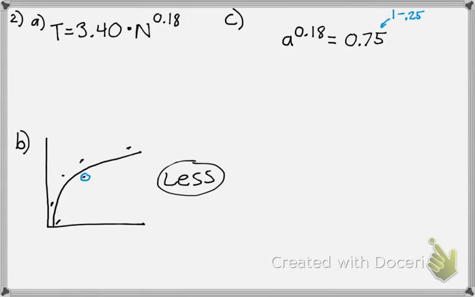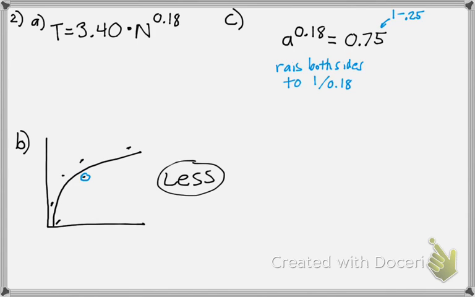So then I really want to solve for what I'm decreasing it by, sorry. So I want to raise both sides to 1 over 0.18.